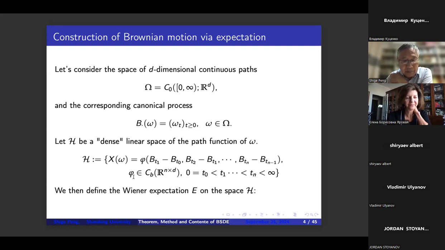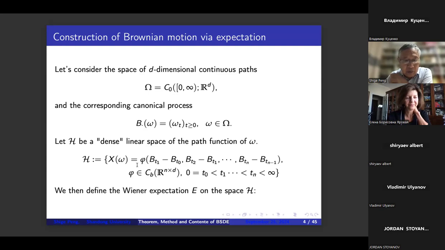For each possible phi, we take phi of B_t1 minus B_t0, B_t2 minus B_t1, till B_tn minus B_tn-1.